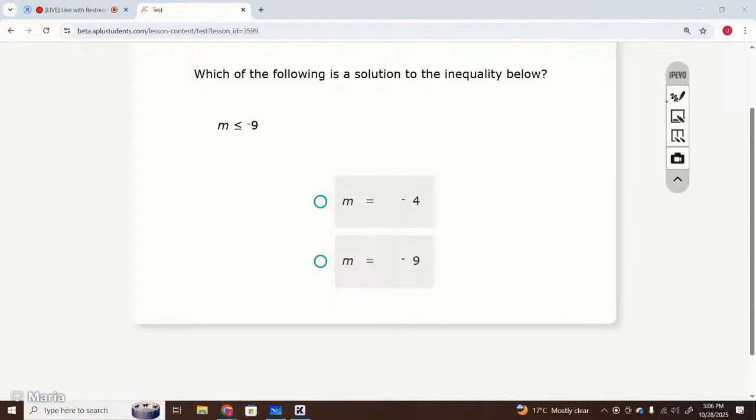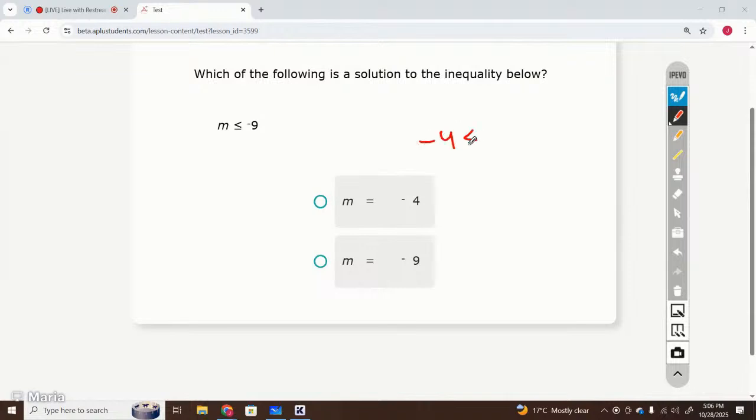So M is less than negative 9. Negative 4 is less than or equal to negative 9.